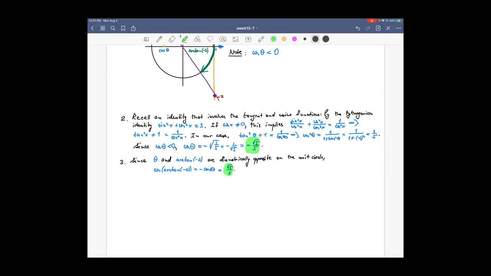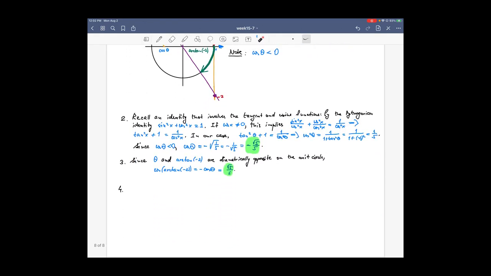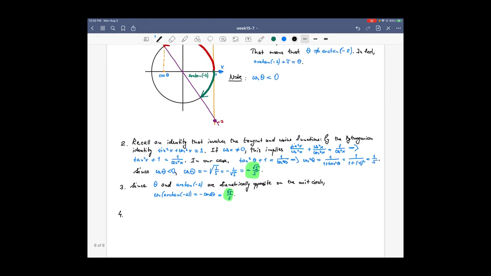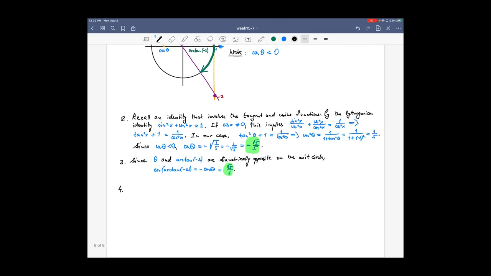And now part 4. For any arbitrary real number y, find cosine of arctangent y. More specifically, find an expression of this quantity that doesn't use any trigonometric functions. We again use this identity that we used before, namely the identity that tangent squared plus 1 equals 1 over cosine squared.